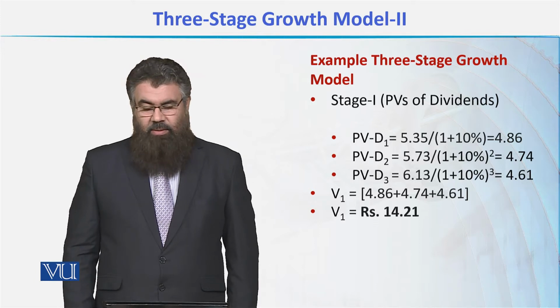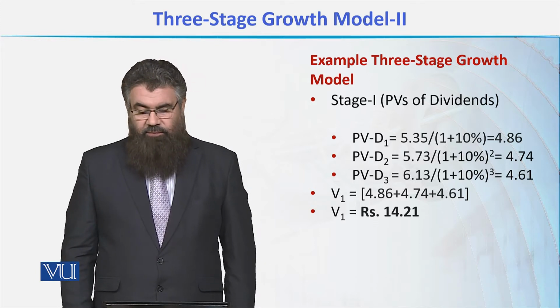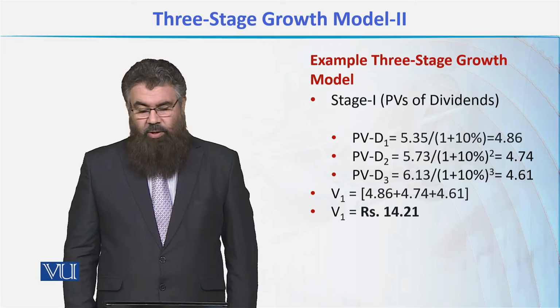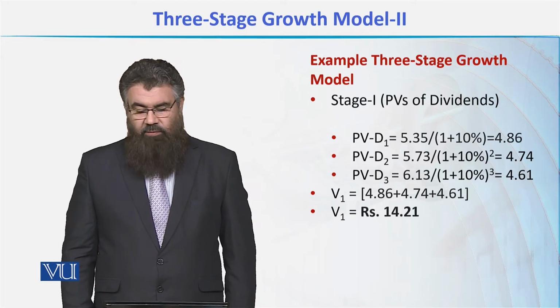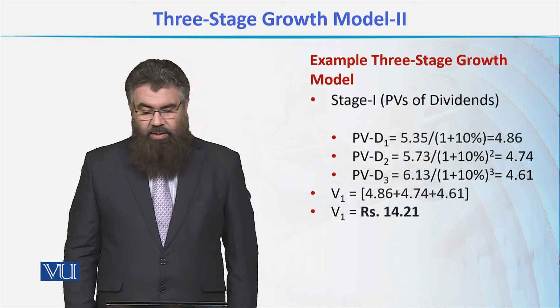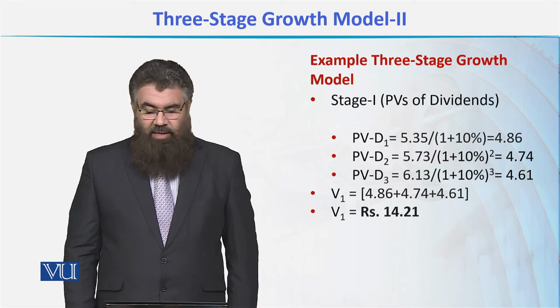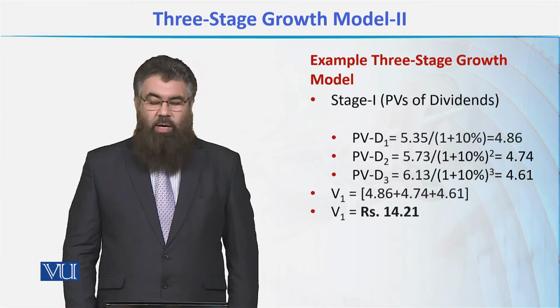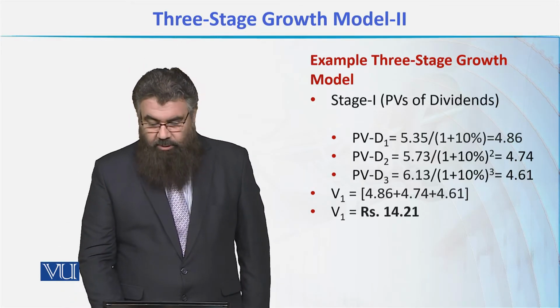So we get the discounted value of the first 3 years as 4.86, 4.74 and 4.61. इन तीनों values को हम जमा करेंगे तो हमारे पास पहली stage की value आ जाएगी, which is V1 14.21.